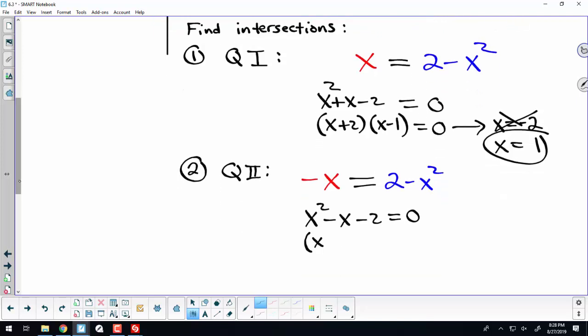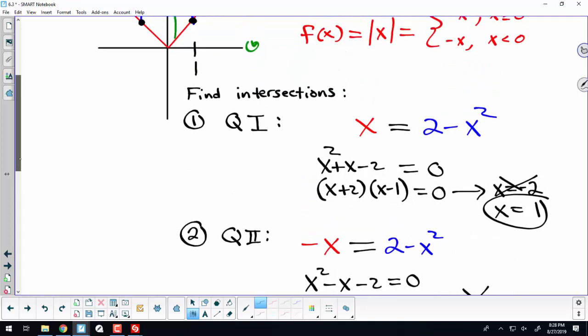So we have x minus 2 times x plus 1 equals 0, which means that x is 2 or x is -1. Again, we're in quadrant 2. It doesn't make sense to say +2. So it's -1 as that other intersection.